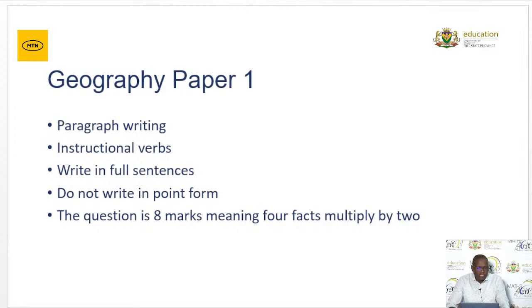The second one is instructional verbs. Remember, we have different action verbs here. For example, if the question says discuss, you must be able to discuss, not just mention facts, but qualify your statement. For example, if they ask what are the impacts of a tropical cyclone on the people around the coast, you can't just say floods will destroy infrastructure.